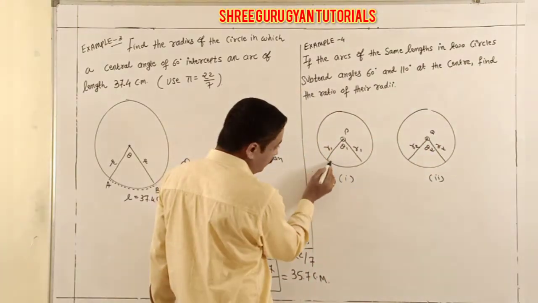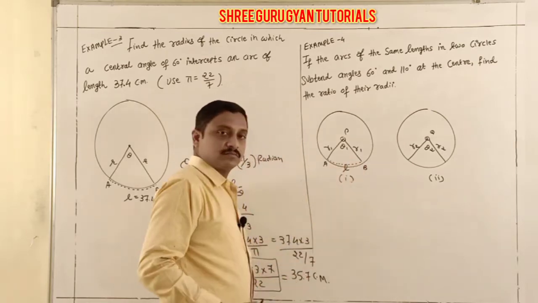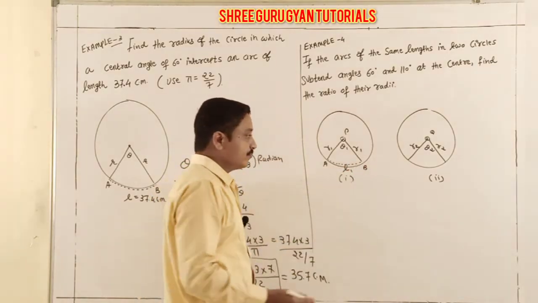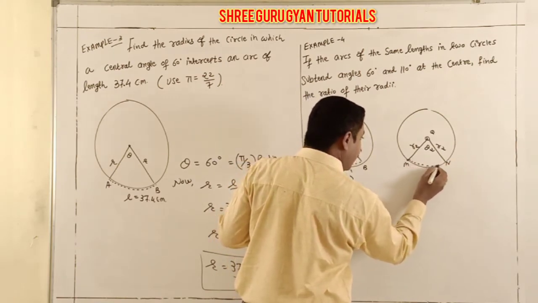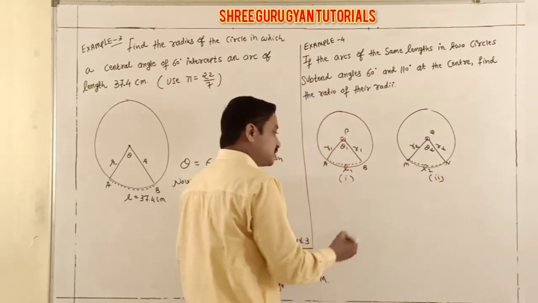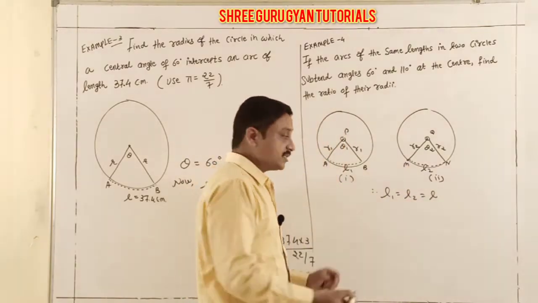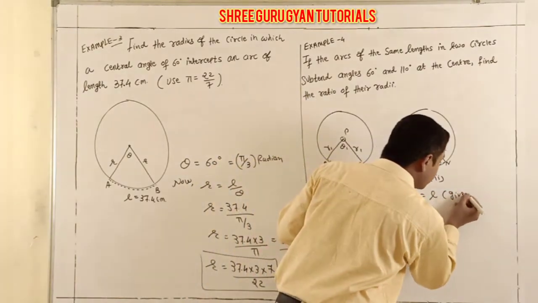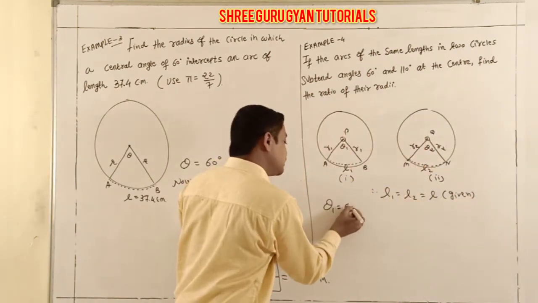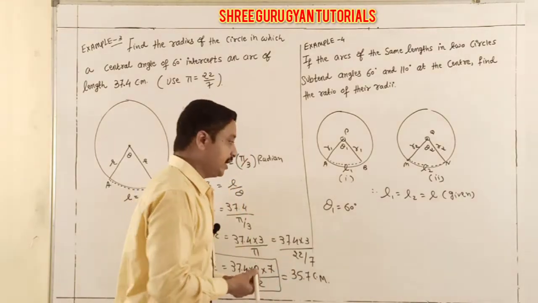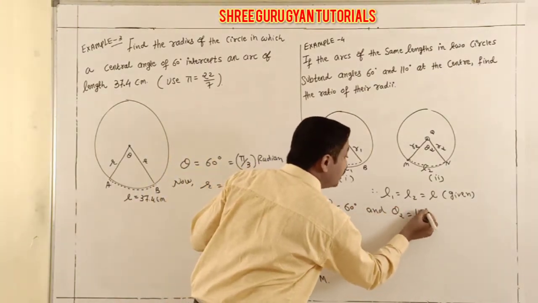The length of the arc is the same: AB is L1, and MN is the arc L2. But L1 and L2 are the same, so I consider it L. It's given. The angle measures are also given: theta 1 is 60 degrees, and theta 2 is 110 degrees.